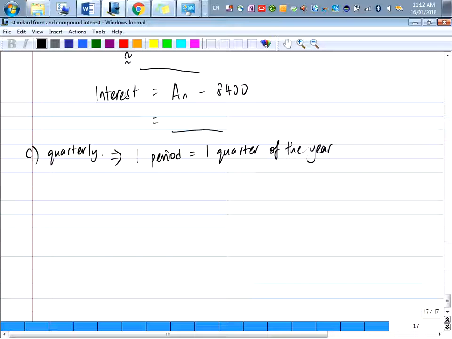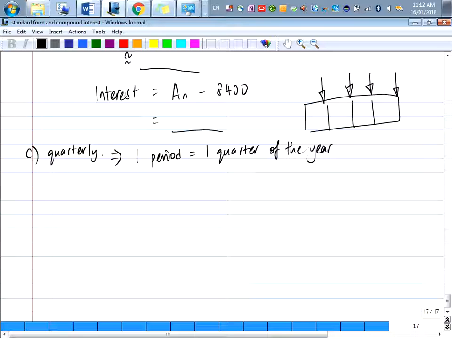But all we need to know is that 1 year is divided into 4 equal parts. Your money will be compounded once over here, another time over here, one more time, and one more time at the end of the year. In 1 year, we will compound it 4 times. Correct? That is 1 year divided into 4 equal parts. That's why we call it a quarter.